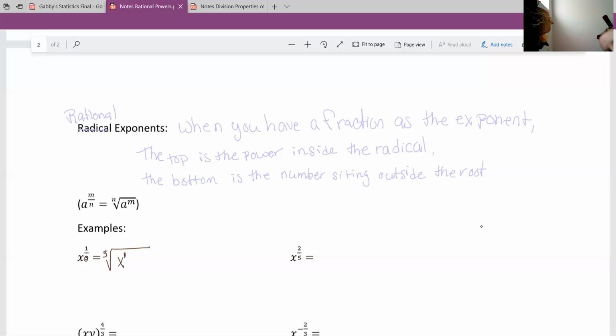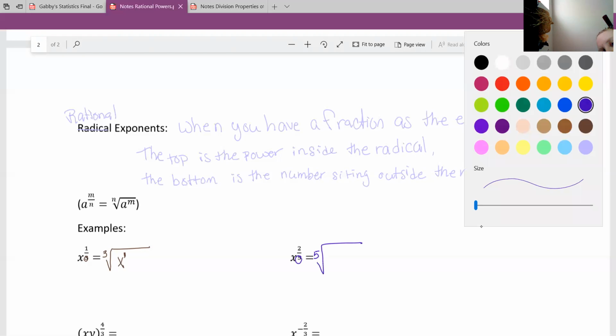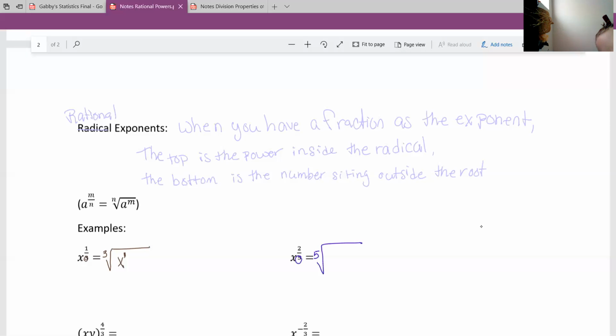So if we do that again with a different one, I draw my radical. The bottom goes as the little number in the radical. The base goes inside, and the top number becomes my power inside. So I have the 5th root of x squared.